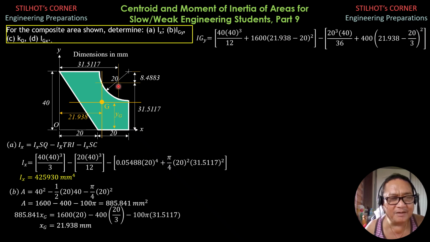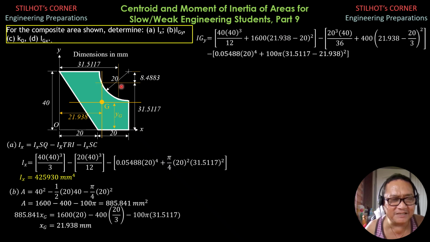Then minus for the quarter circle, we just copy this, except that the area is 100 pi. So minus 0.05488 20 to the fourth plus 100 pi times 31.5117 minus 21.938 squared.